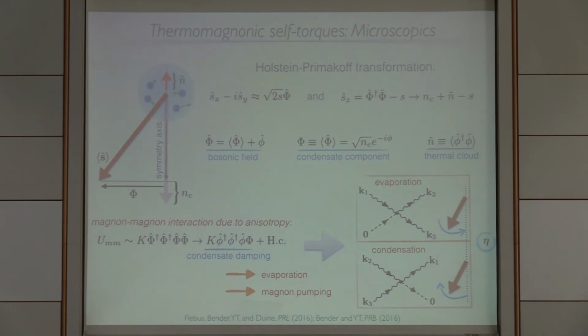If somehow the chemical potential of the cloud is pumped by some means, specifically pumped above the gap of the spectrum, then the thermal cloud will spontaneously condense and tilt magnetization out of equilibrium, inducing real-time coherent dynamics.